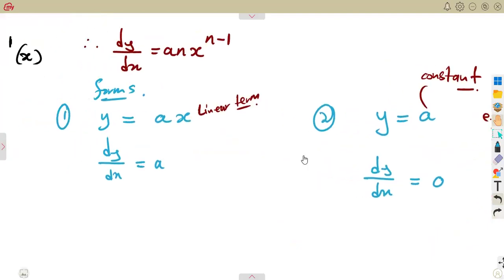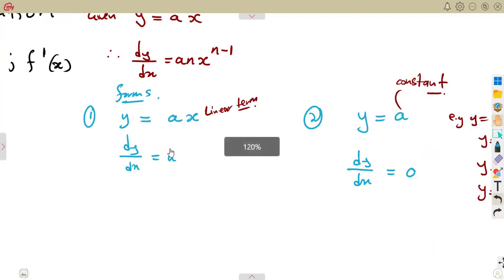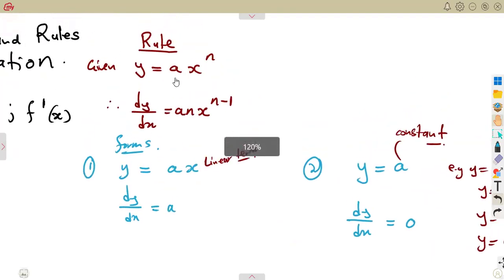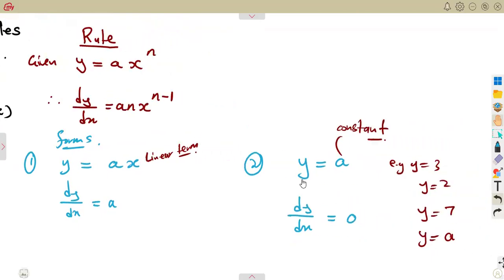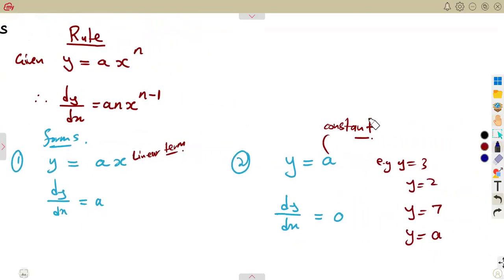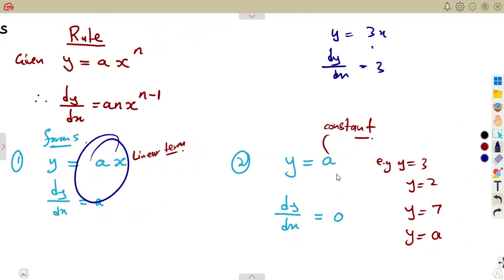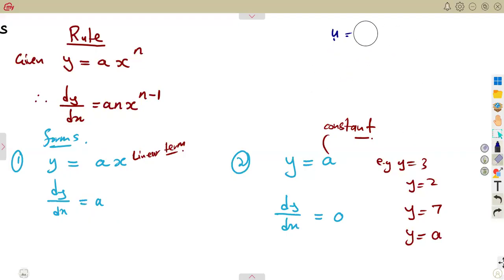So now that we do understand these derivatives, a constant, a linear, and a normal part of our basic rule, we are going to see that in most cases, they are not going to give us just single terms, like if you're given y is equal to 3x, differentiate, dy dx is going to be equal to 3, because we have the format of ax, so the derivative must be equal to a.